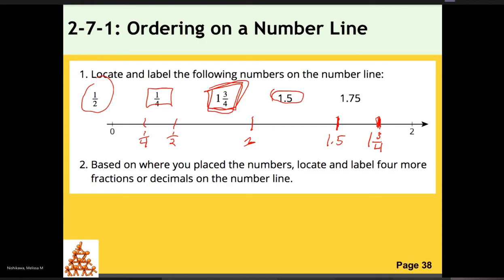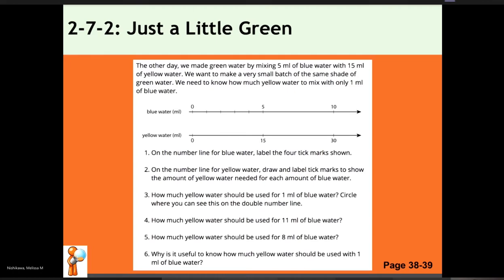Because if you think about quarters, like if I drew a line right here, this is 1/4, 1/4, 1/4, 1/4. So that's 1, 2, 3. So that's 1 3/4. Go back. Okay.